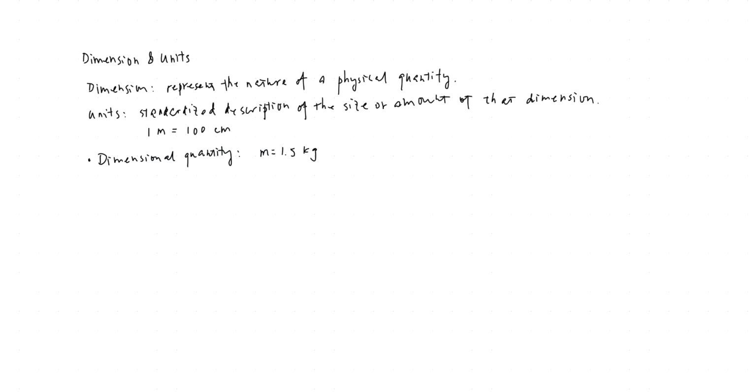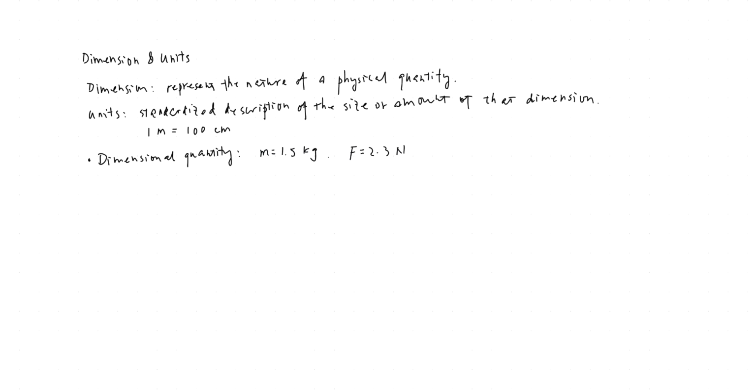And you also have a force applied to an object, 2.3 Newton, and the dimension is force, and the unit is Newton. So those are dimensional quantities. When you see a physical symbol like M or F, they inherently carry dimensions, and therefore you do not need to write units when you use them symbolically.